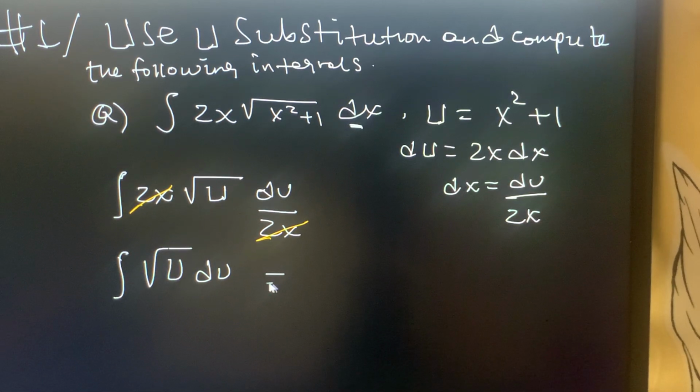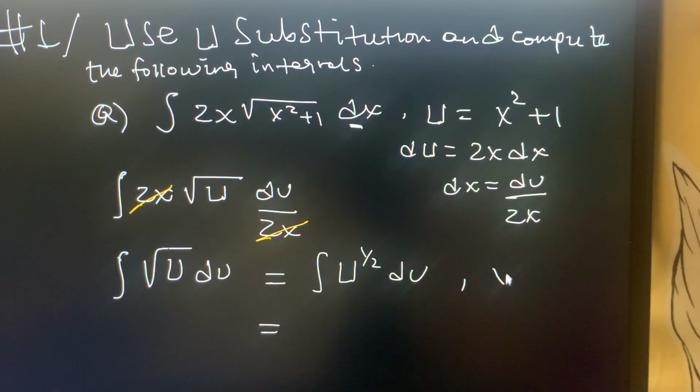I can rewrite this in a different form: the integral of u to the power of 1 over 2 du, because the square root of u means the power of 1 over 2. Now I can apply the rule of integrals. The integral of x to the power of n is x to the power of n plus 1 over n plus 1.